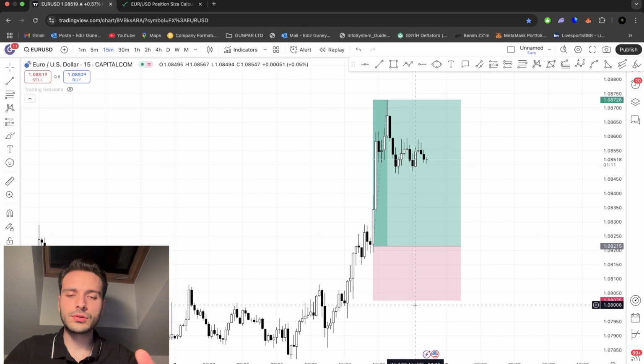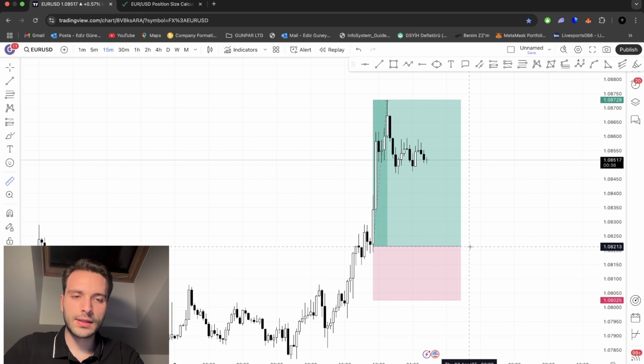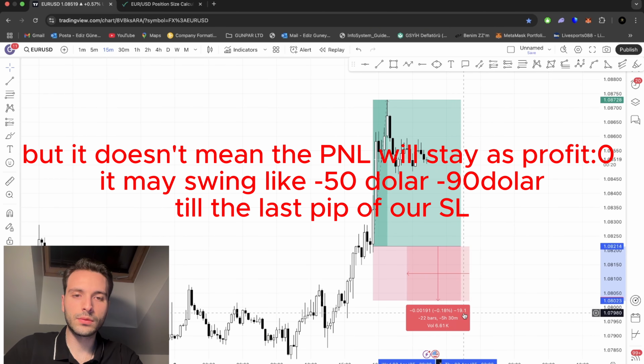But while entering a trade, you need to choose a lot size, so by calculating this, you know what amount of lot you need to put inside of the market. Here's a measure tool. I click the measure and put it from my entry till my low. This number is the total amount of pips, 19.1.